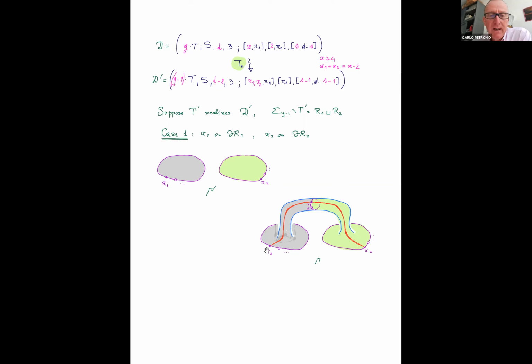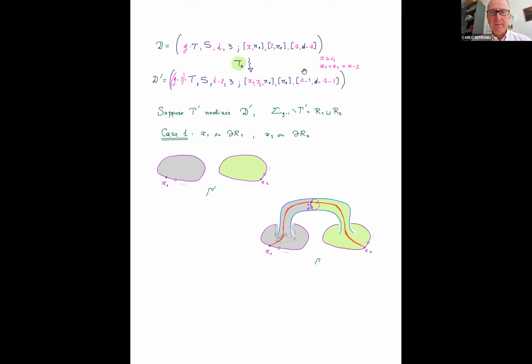So you see here the total valence of the actually collapsed black vertex is x1 plus 2 plus x2, so it's x, so you have realized x, and you have a new white vertex 2, which gives these 2 in the partition. And it's also easy to see that the length of the complementary region increases by 1.